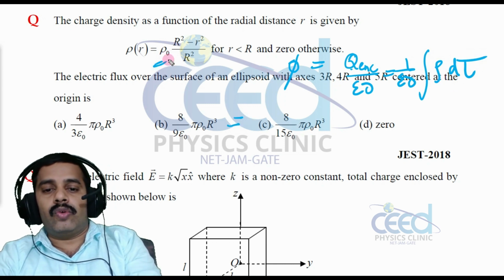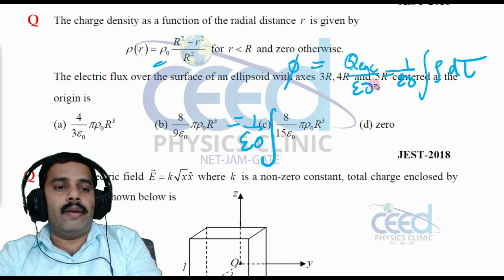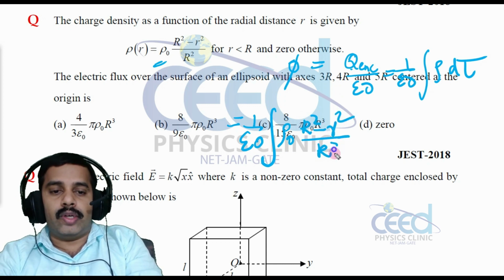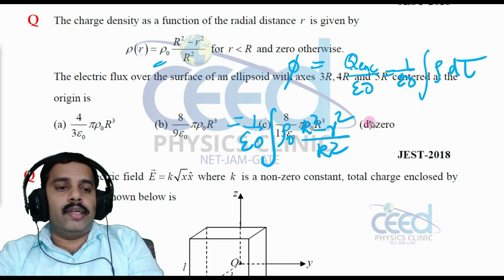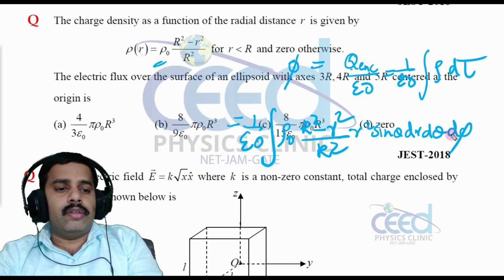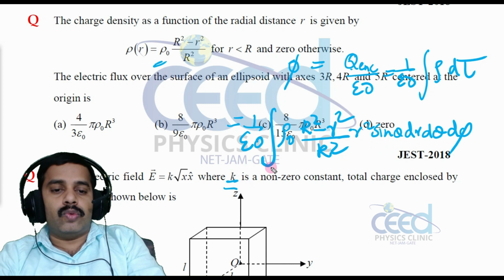So 1 by epsilon 0 into integral of rho, that is rho 0 into capital R square minus r square divided by capital R square, and d tau. What is d tau? d tau is r square sin theta dr d theta d phi, in spherical polar coordinates.